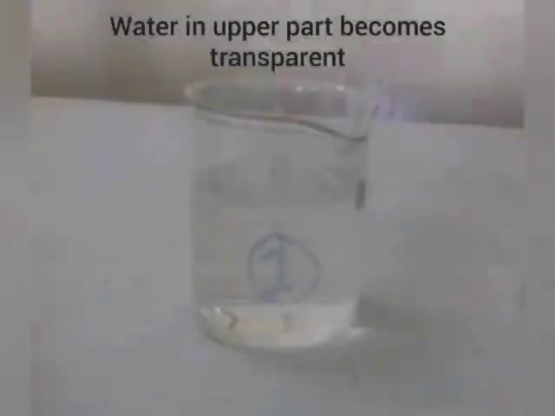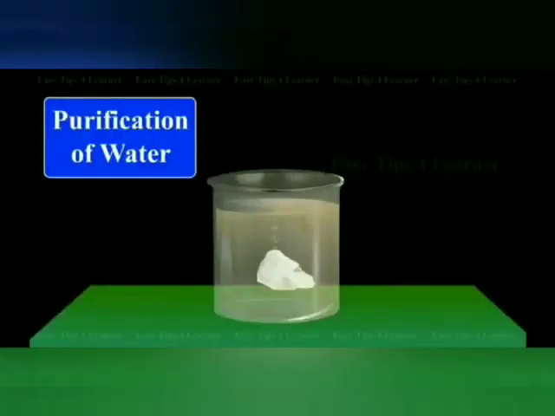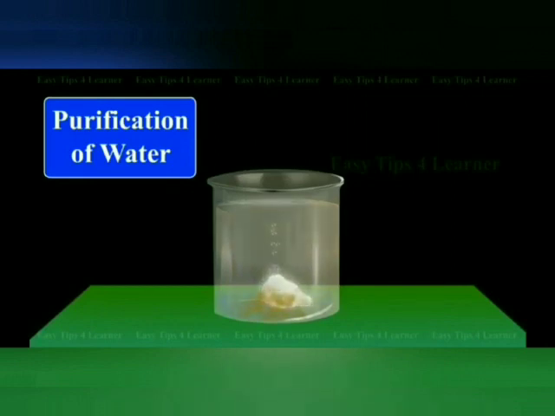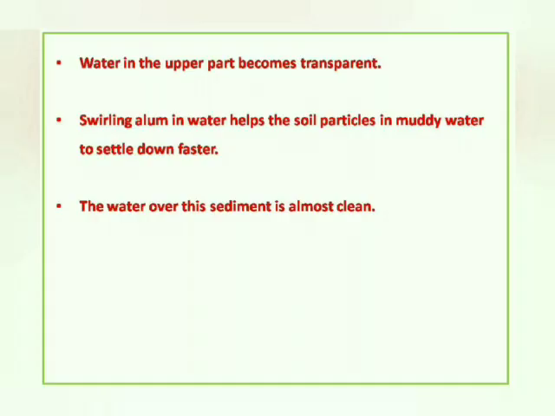Leave this beaker undisturbed for 2 to 3 hours. Water in the upper part becomes transparent. Swirling alum in water helps the soil particles in muddy water to settle down faster. The water over this sediment is almost clean.